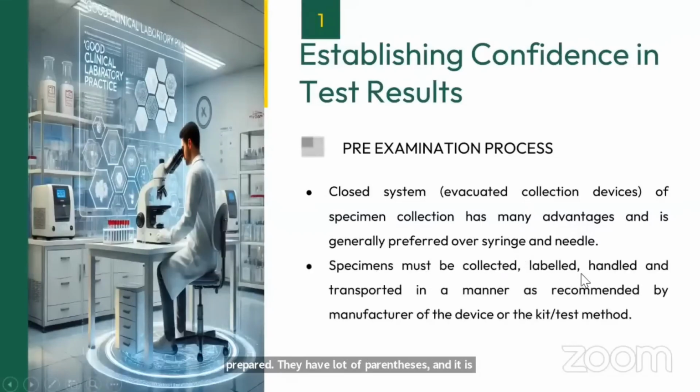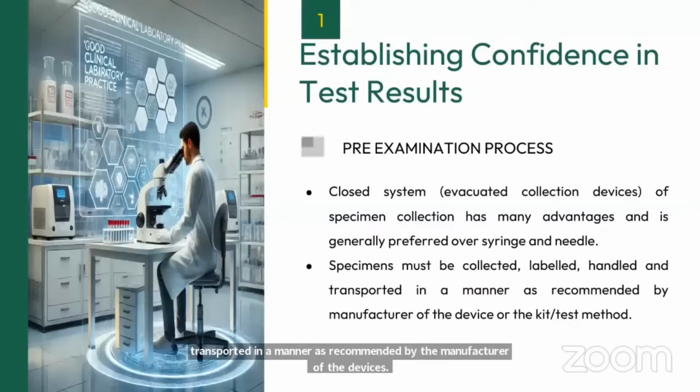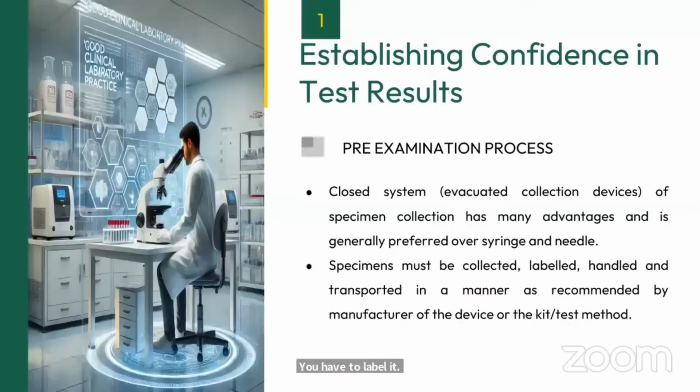Specimens must be collected, labeled, handled and transported in a manner as recommended by the manufacturer of the devices or the kit or the test method. So once the sample is collected, you have to label it. The specimens must be handled in an appropriate way and transported in a manner so that the integrity of your analyte or measurand remains standard, and there should not be any contamination.